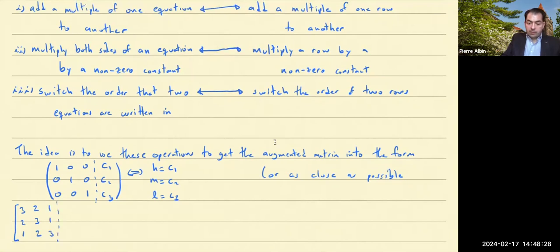And then we augment with 39, 34, 26. What we'll do first is switch row 1 with row 3. So row 3 ends up here, row 1 ends up down here, and row 2 is unchanged.